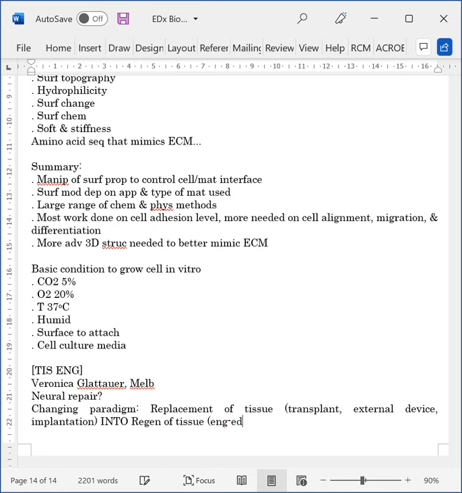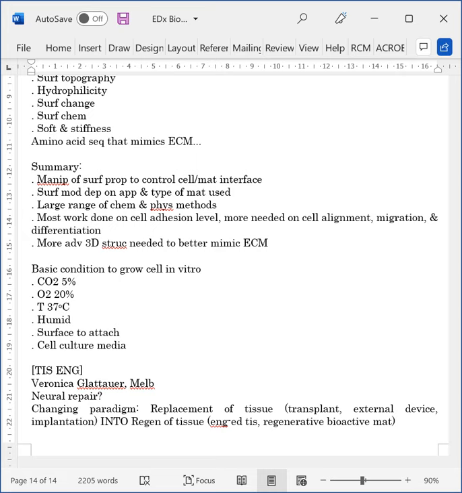We can also move from implantation of a biomaterial device towards the future in the area of regenerative medicine and regeneration of tissues. And this can be done through engineered tissues that we have designed in vitro and then implanted, and also bringing together regenerative bioactive tissues.